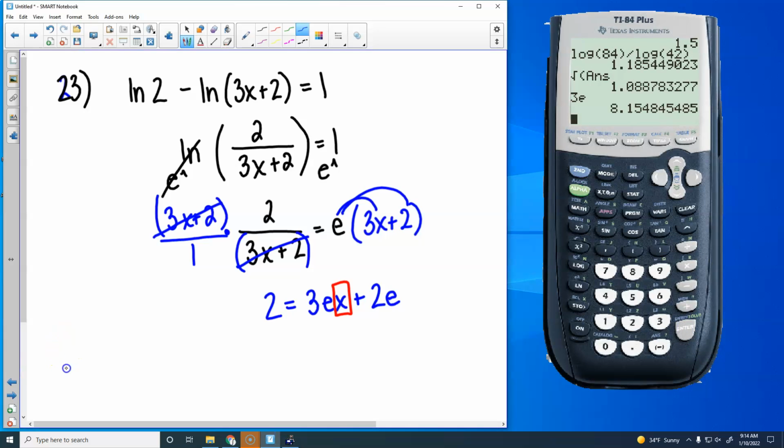So it's going to be 2 equals 8.1548x plus, keep that number in your calculator, and then you could do 2e.